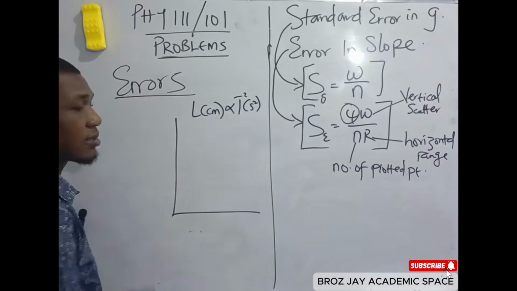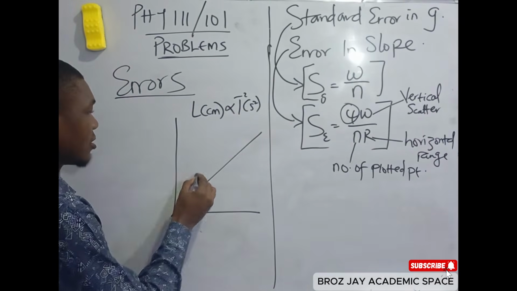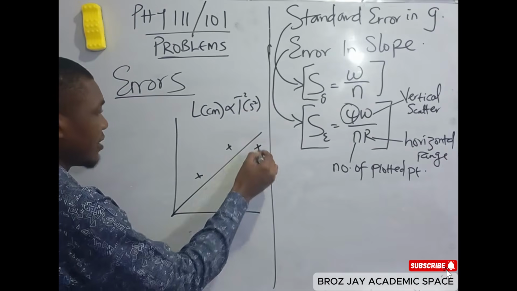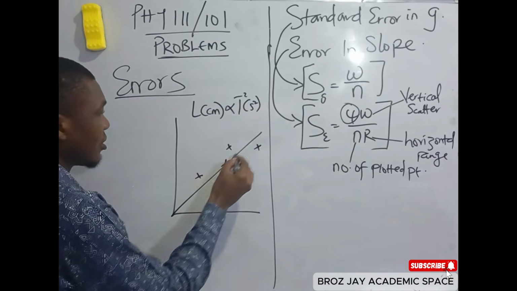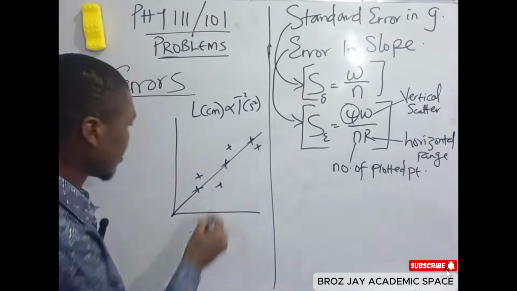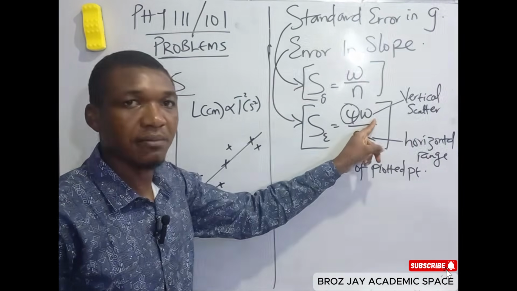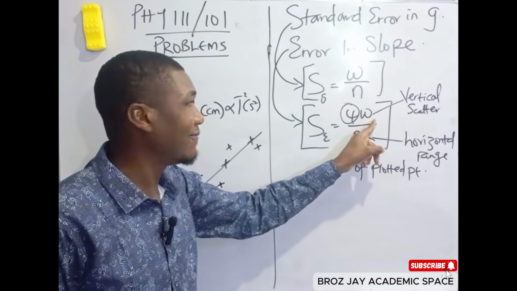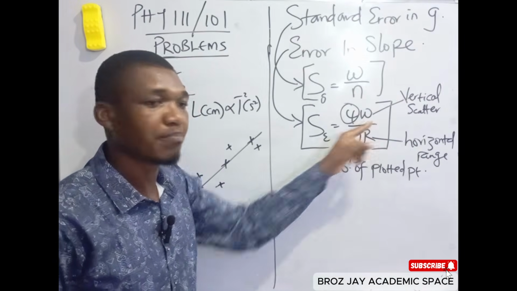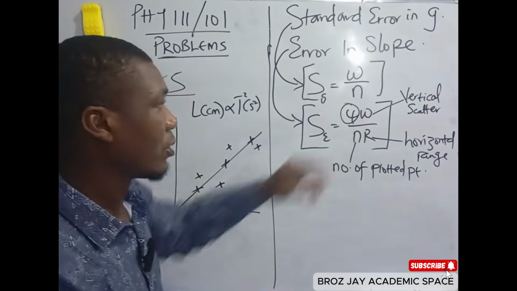You know that this is passing through the origin, right? So let's draw it from the origin. Let's assume a best fit graph for this. Now, this is how to find your W, vertical scatter. Please pay attention. Listen very carefully. So how do I find my W?